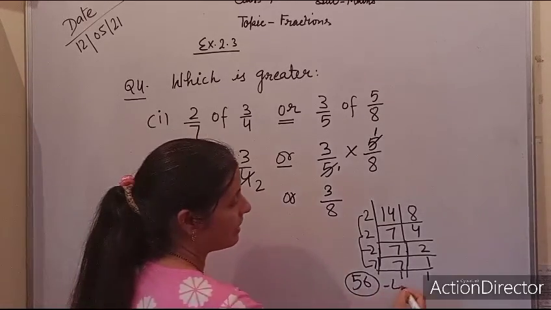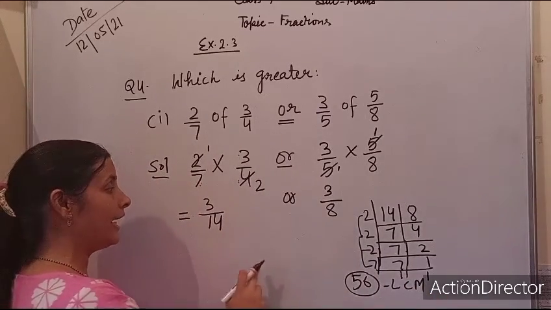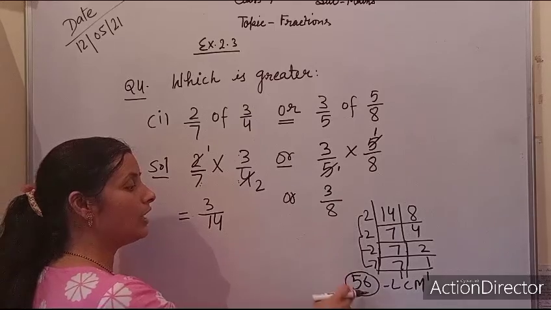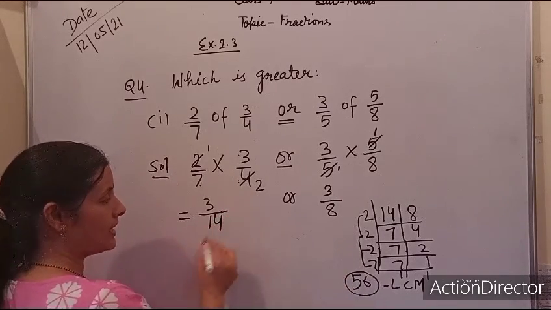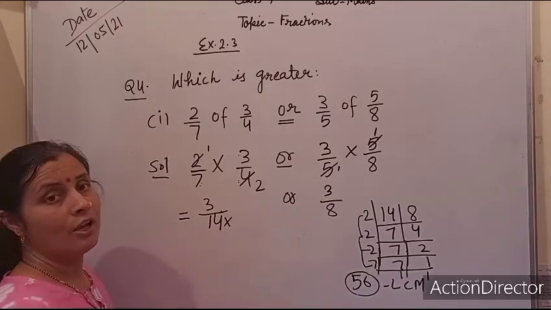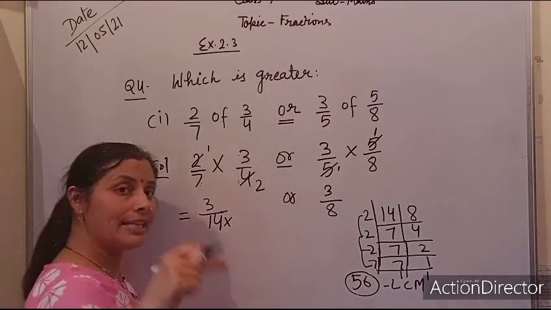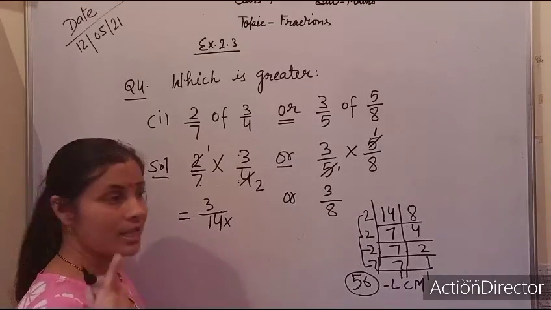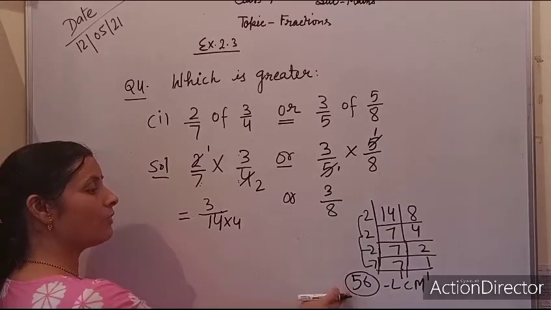Okay, it is the LCM of 14 and 8. Now we need to convert 14 and 8 into 56. So how many times does 56 come in 14's table? Do you know the table? 14 1s are 14, 14 2s are 28, 14 3s are 42, 14 4s are 56. So we need to multiply 14 by 4 to get 56.